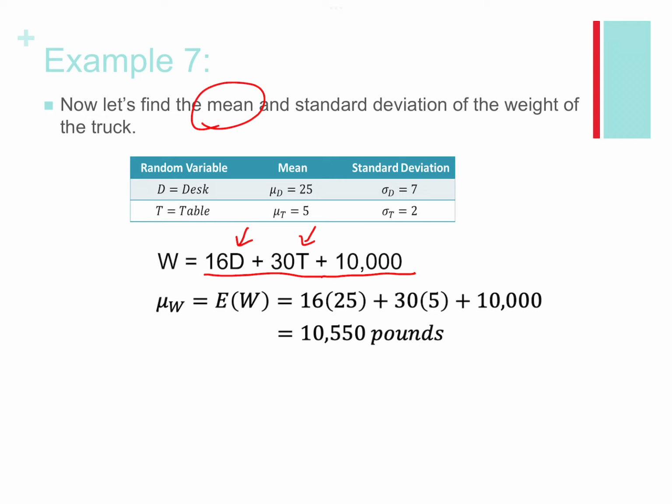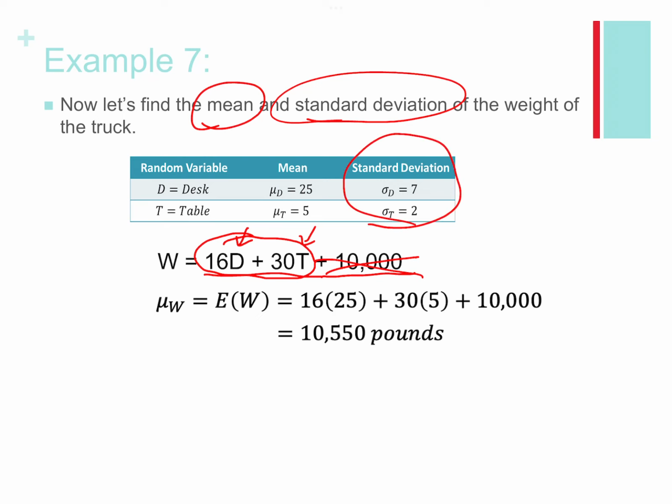Okay, then we want to find our standard deviation. So standard deviation only changes with the multiplication part right here. So with the standard deviation, we don't care about this plus 10,000 because adding something doesn't change it. Also, when we are adding these together, we have to find variances, right? We can't just add our standard deviations. Well, we also can't just multiply by the constant because back when we were talking about multiplying, I said you had to multiply by the constant squared.